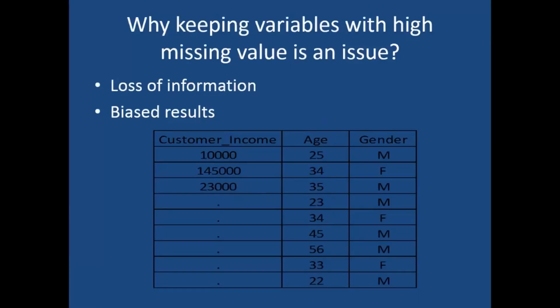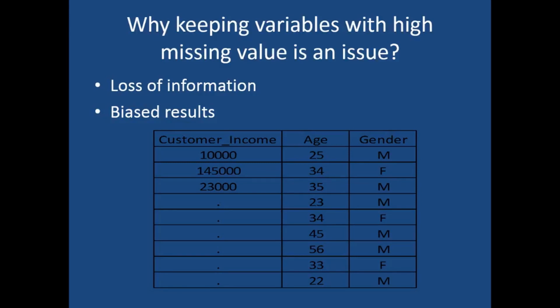The first question is on missing values. One of the questions that is often asked is why keeping variables with high missing values is an issue in predictive modeling. When you keep variables with a high number of missing values in your model while building models, there is going to be a number of problems.